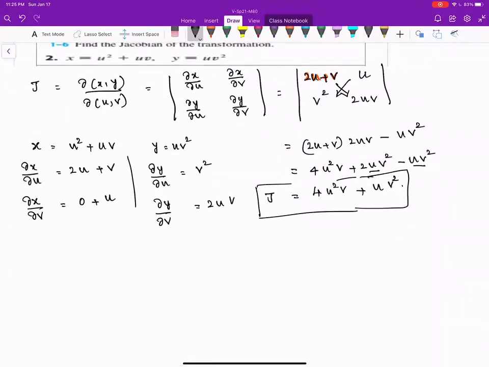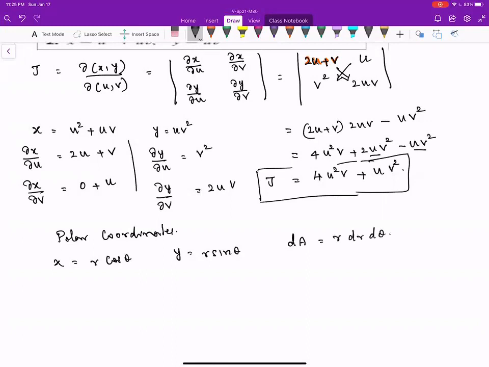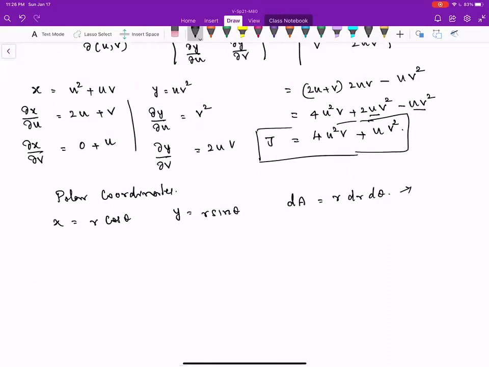There are some interesting observations about this change of variables. Earlier, when we did polar coordinates, we know that x changes to r cosine theta, y changes to r sine theta, and in the double integral dA becomes r dr d theta. We proved this in a different way by finding the arc length and so on.